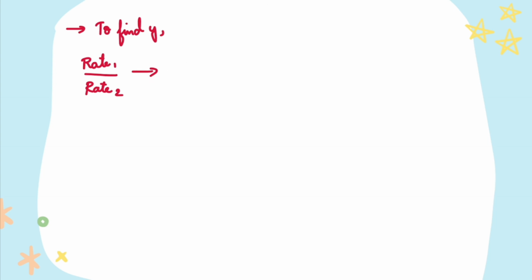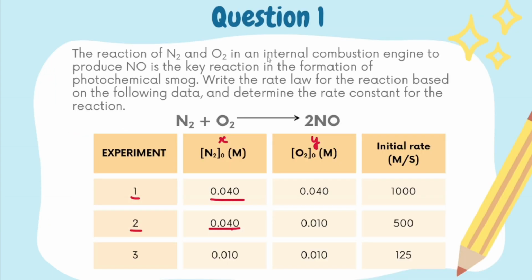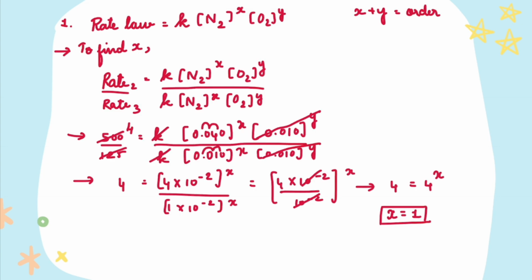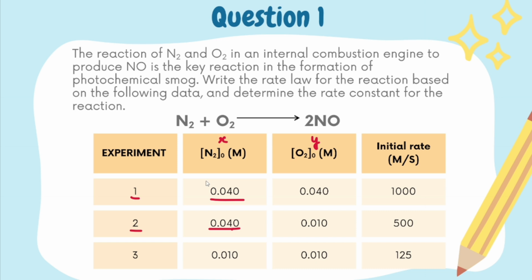What will it be? The rate of the first experiment is 1000, divided by the second experiment, 500. So 1000 by 500 is equal to K into, for the first experiment, the molarity for N2 will be 0.040 and for O2 also 0.040.